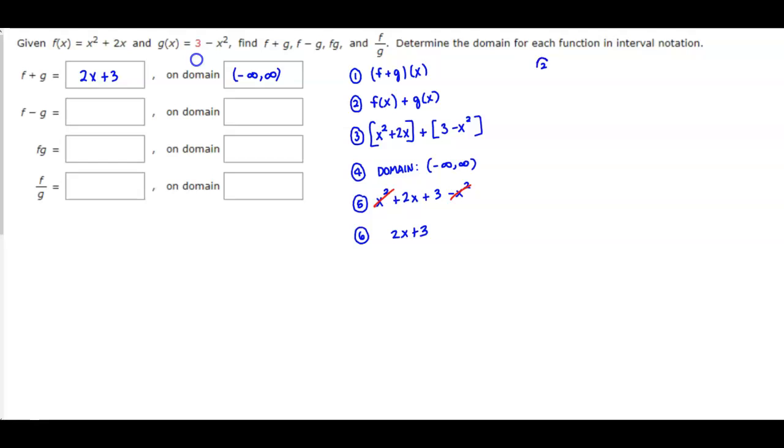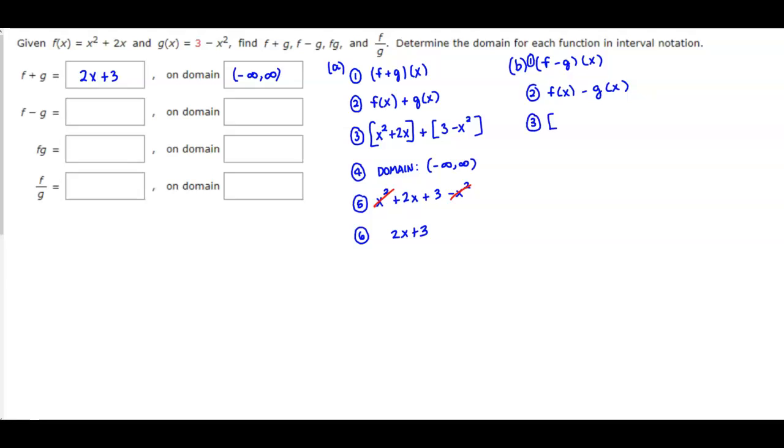Okay, now let's take a look at f minus g. So we'll call this part A, and then part B, we have f minus g of x. And so the definition of that states that we need to take f of x and then subtract g of x.